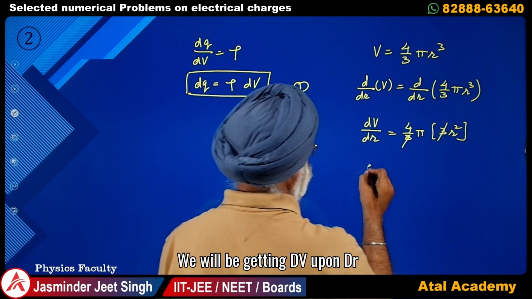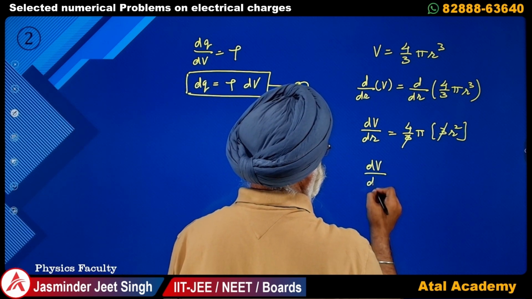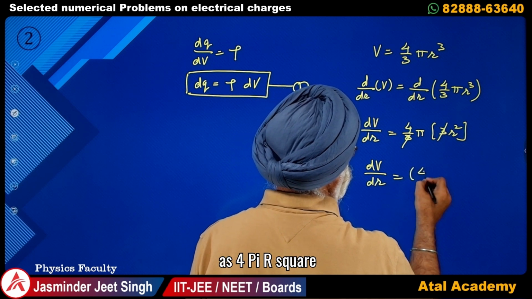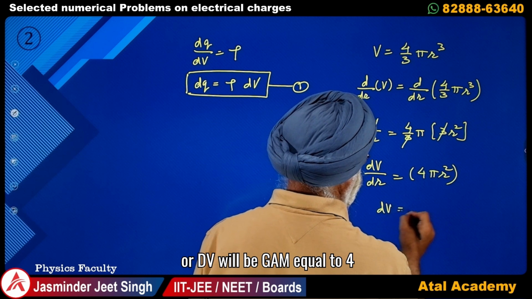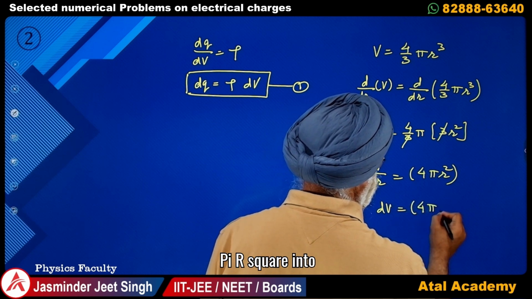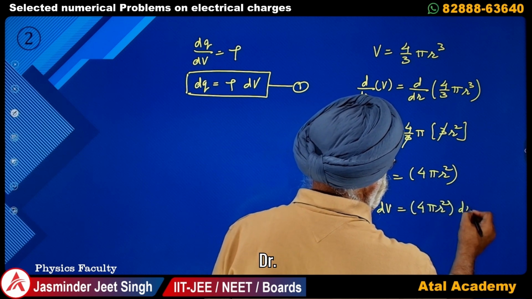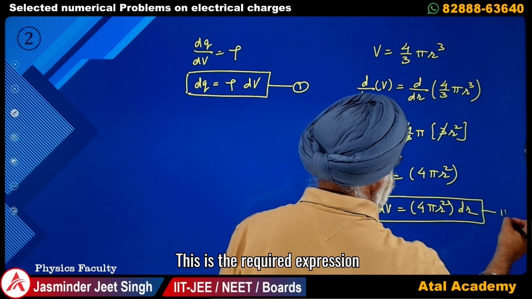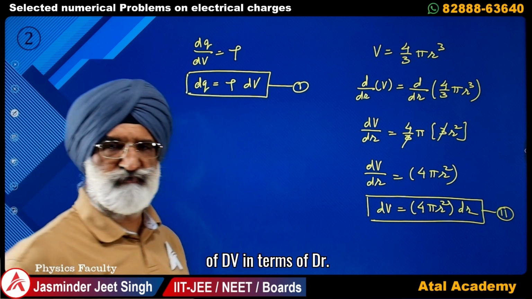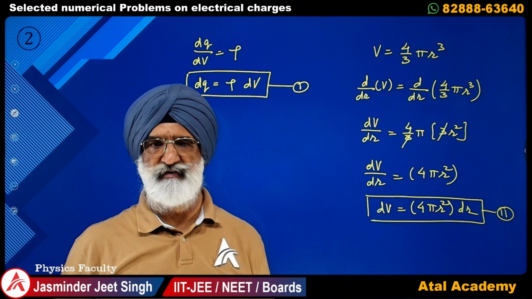We get dv upon dr as 4 pi r square, or dv will become equal to 4 pi r square into dr. This is the required expression of dv in terms of dr.